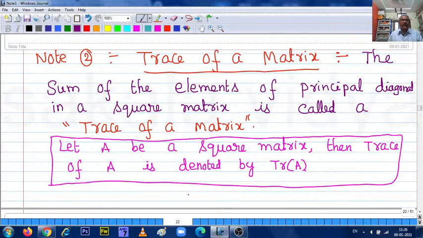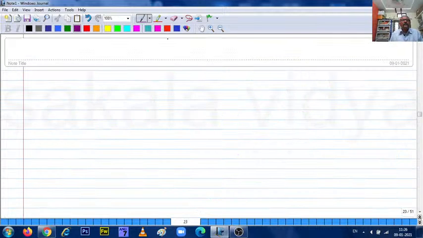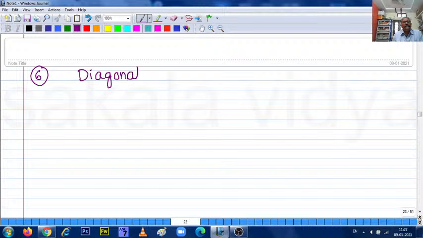Now the next type we need to discuss. Next one is sixth, diagonal matrix. What is meant by diagonal matrix?